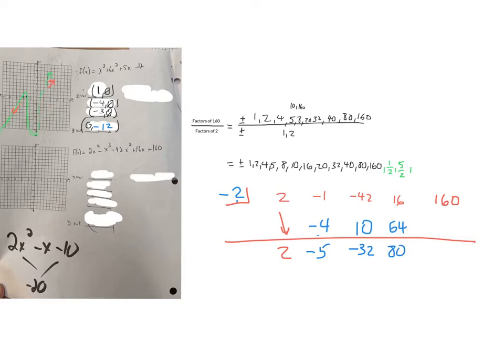And then -2 times 80 is -160. And that would most definitely give us the remainder of 0. So we know for a fact that one of the zeros is -2, 0. Remember, we're going to write everything in coordinate form, so one of the zeros is -2, 0. I'm not going to write that right now, but there it is. So we already know that that works.